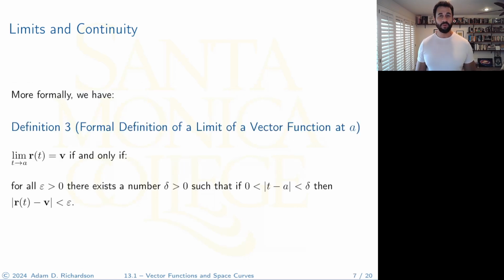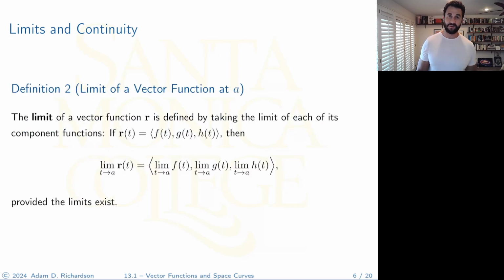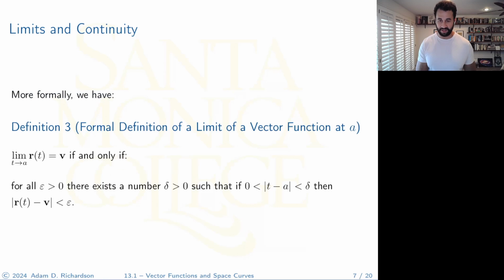So more formally, remember this is like what you first learn in Calc 1, like the intuitive definition of a limit. And then right after that, you start talking about the formal definition of a limit. Good news again, this is essentially the same thing that you saw back in Calc 1.